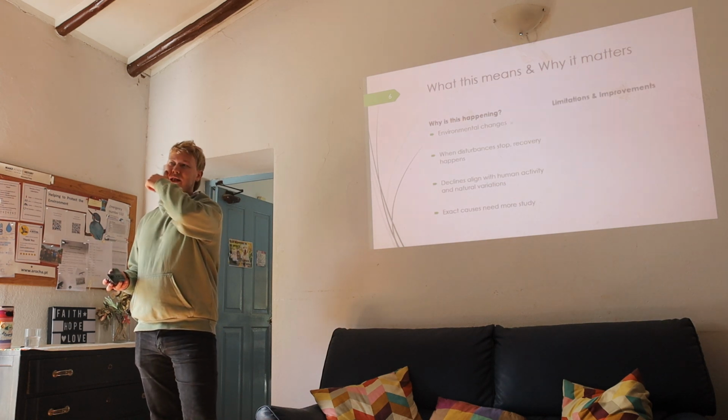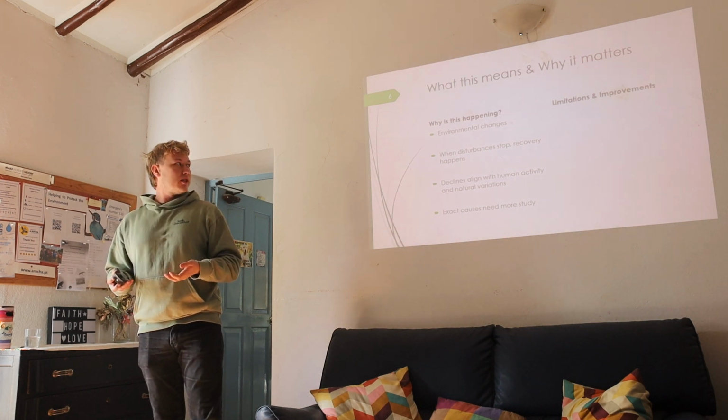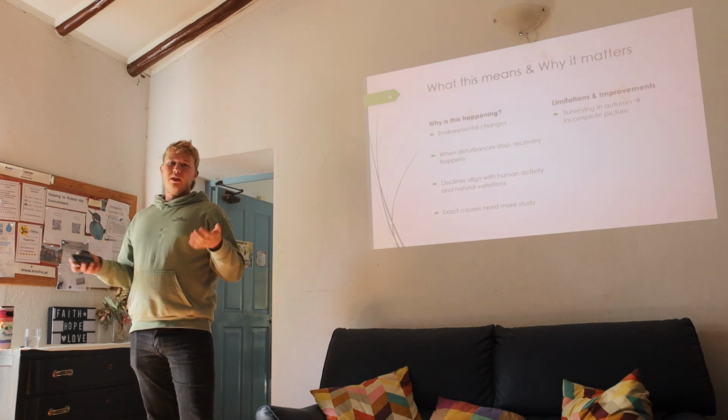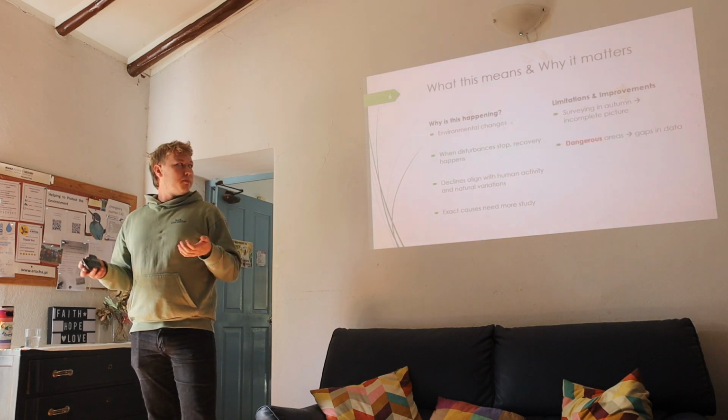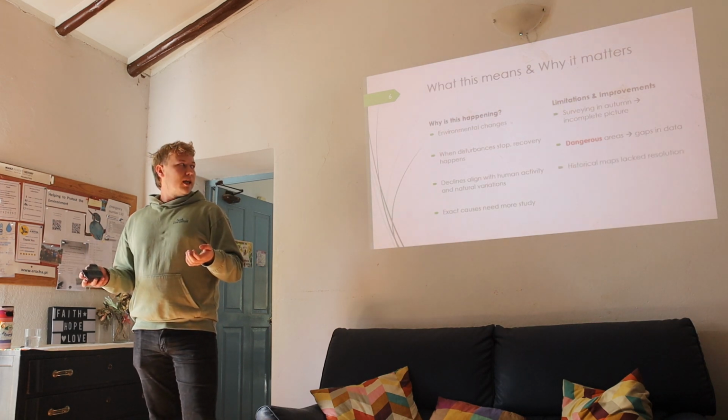And then the limitations and improvements. Of course, my research was bound to some limitations as well. Surveying in autumn causes an incomplete picture, and there were dangerous areas, which means there were gaps in my data.